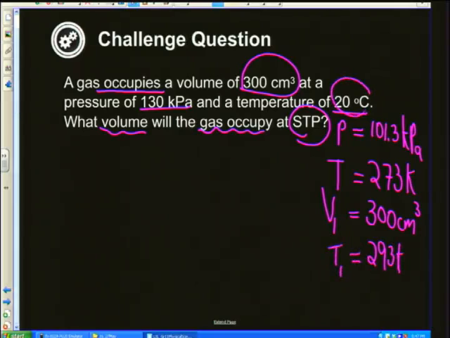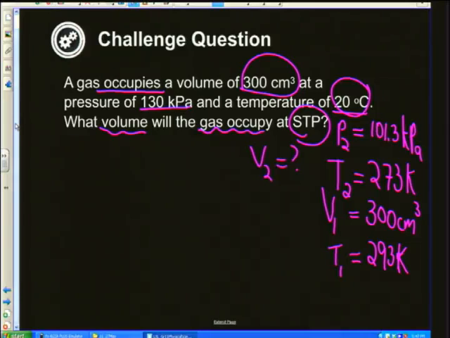That is 20 plus 273, so that's 293 Kelvin. T2 is for the second set of conditions, where the gas has been placed under standard temperature and pressure, STP conditions. And then the question is, what will V2 be?